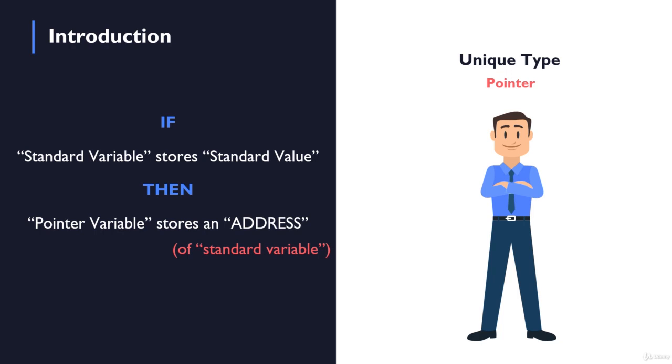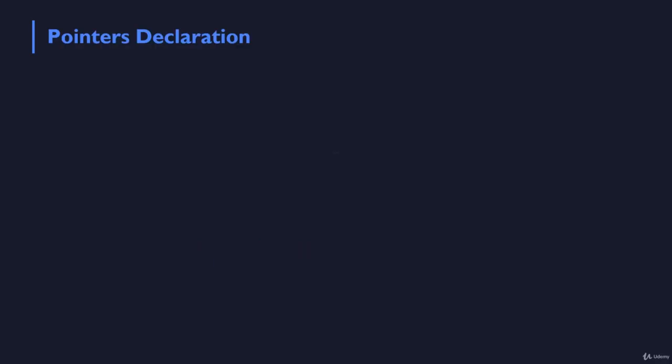So how can we declare it? How can we create our nice little pointer variable? It will look basically like this: int star p. Int represents the data type, actually the type of the data we will be pointing to through this variable. So in this case, we will hold the address where an int variable resides.